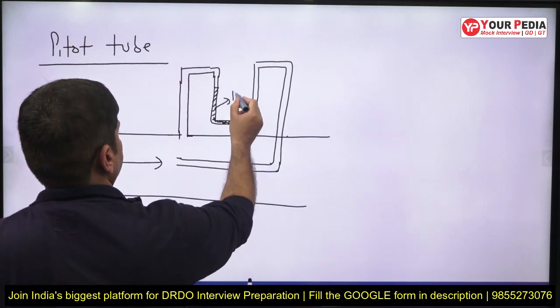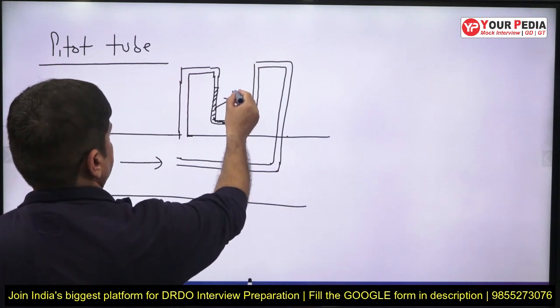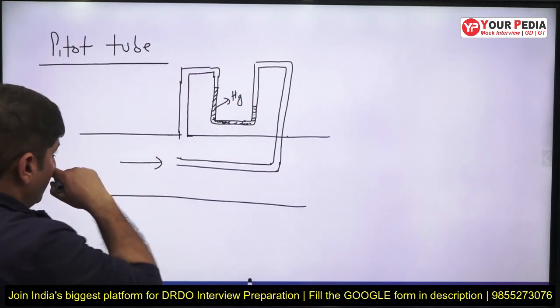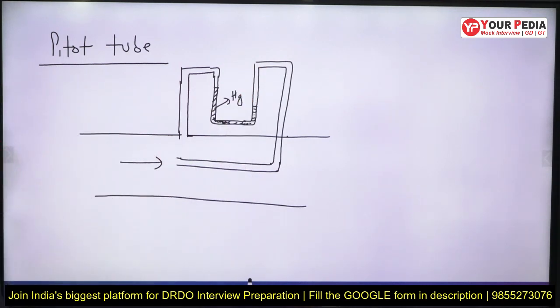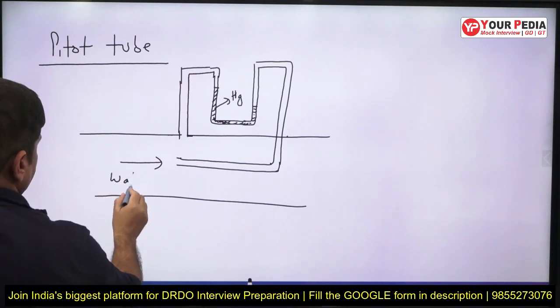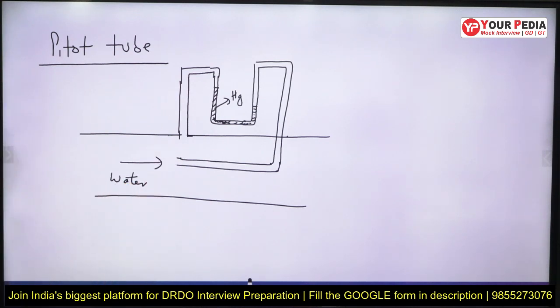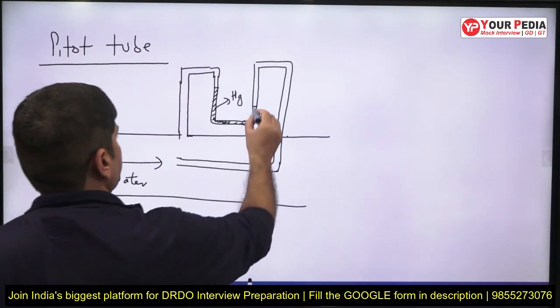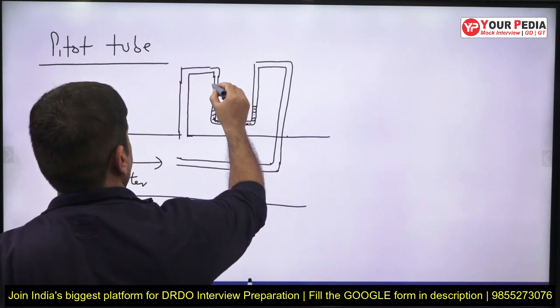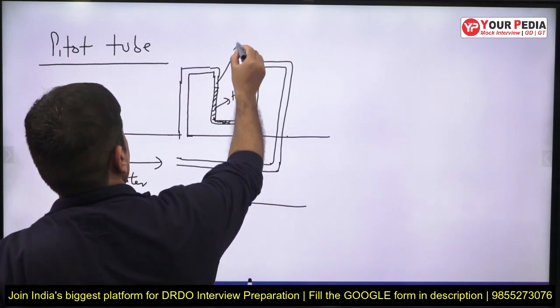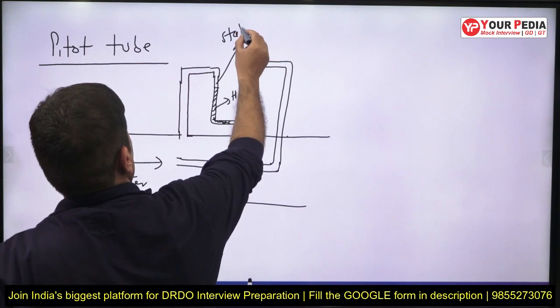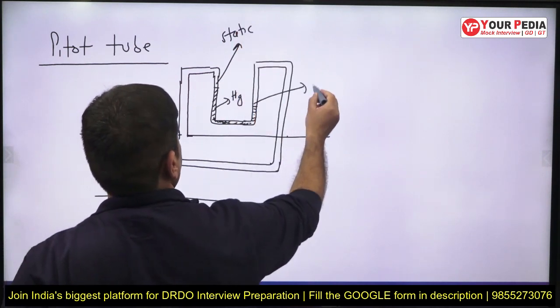Maybe this is mercury, and the liquid which is flowing is water, let us say, and I want to find out with what speed this water is flowing in this. So this side I get stagnation head, this side I get static head. So this one is giving me some information about static head, this is stagnation head.